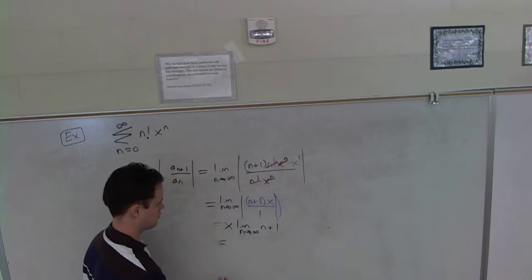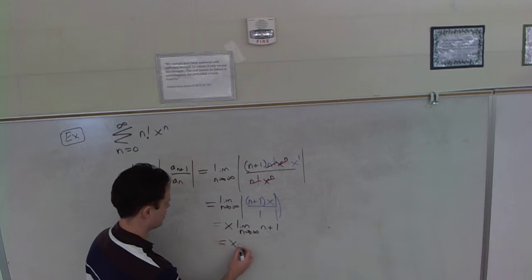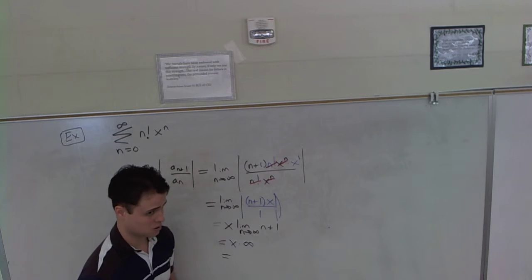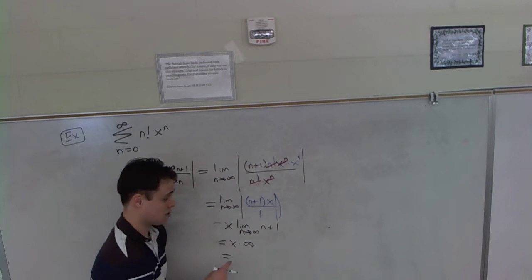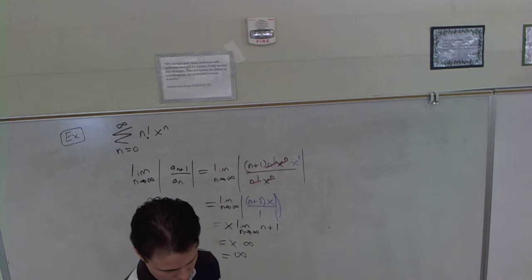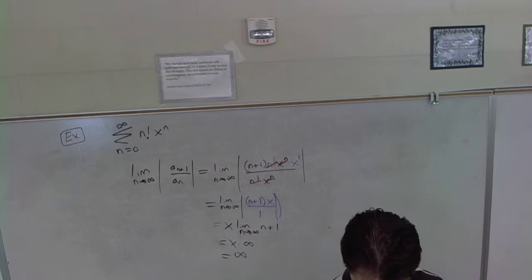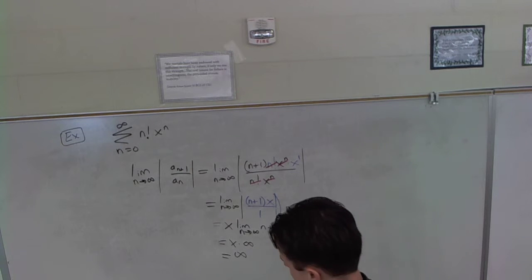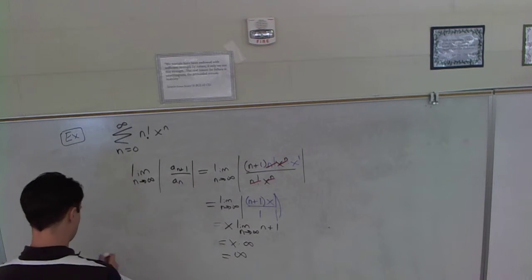So what does that one become? What's the limit? Infinity. So this is like x times infinity, which no matter what x is, even if x is infinity, this is still infinity. So what do you guys think? Let me write that the right way.